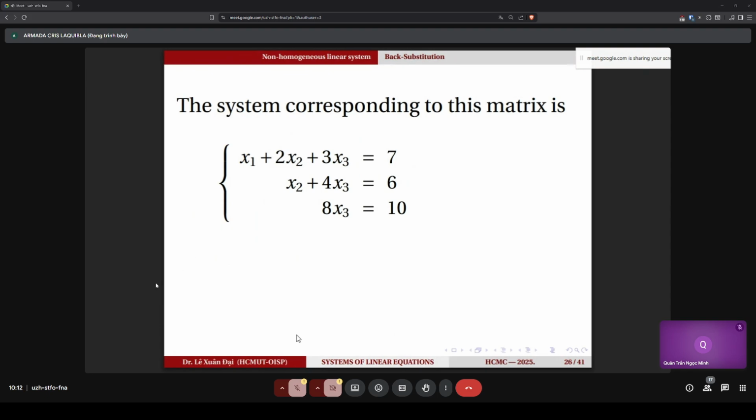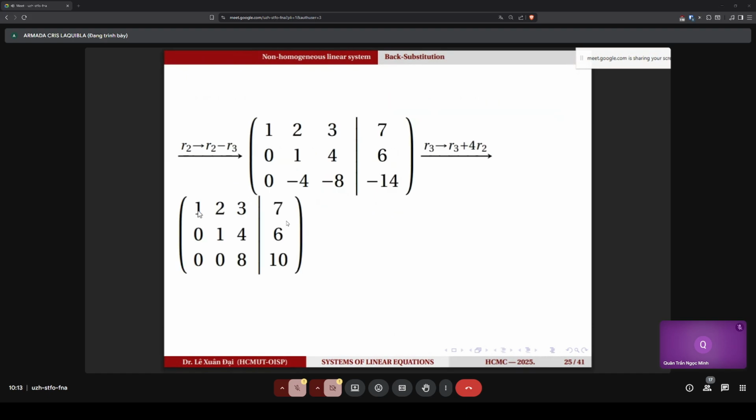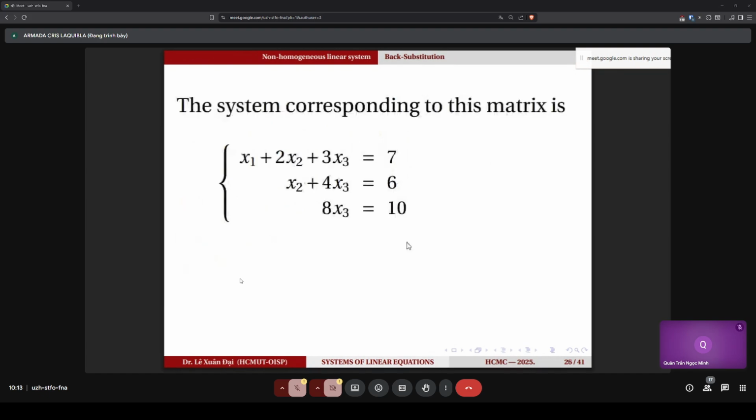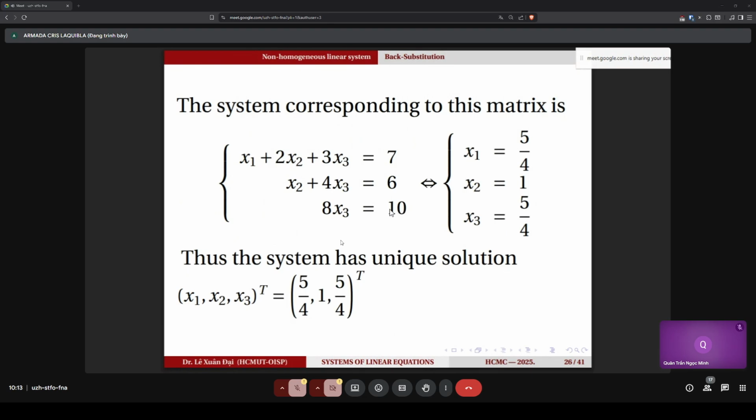So what happened is they made this already. Substitute x1 in the first column, x2 in the second, and x3 here, then add these and set equal to these values, 7, 6, 10. Now solving for your x3, it becomes 5 over 4 because you divide by 8, and 10 divided by 8 is 5 over 4.